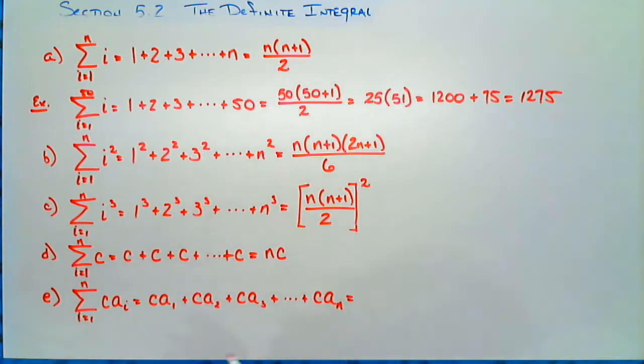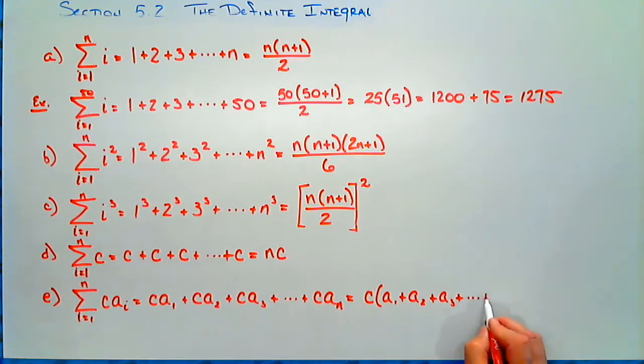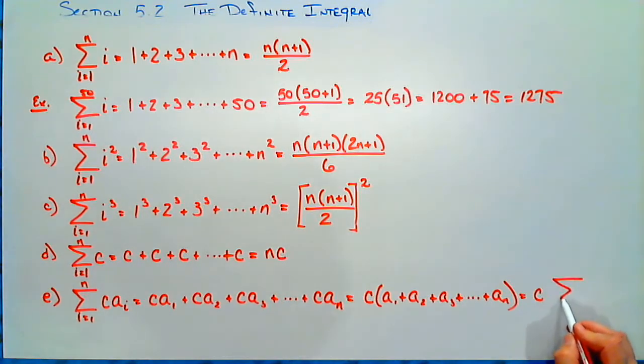And if we think about that, we can factor out a c. And that would be a sub 1, a sub 2, a sub 3, a sub n. And so that turns out to be c times the sum i equals 1 to n of a sub i. So what does this say? It says we can factor a constant out of summation, all right?